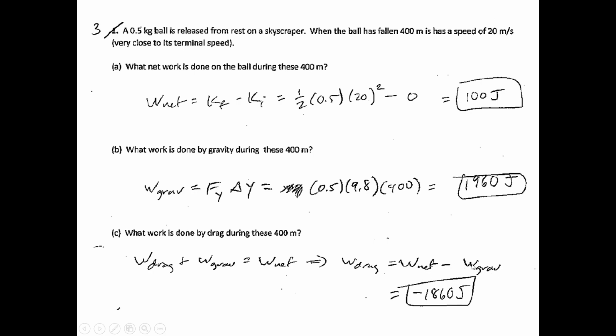So when I take this difference, I get minus 1,860 joules. A negative amount of work is done by air drag or air resistance, and that's because it's being displaced downward, but of course the air resistance force is pushing back in the upward direction against the direction of motion. That's problem 3.